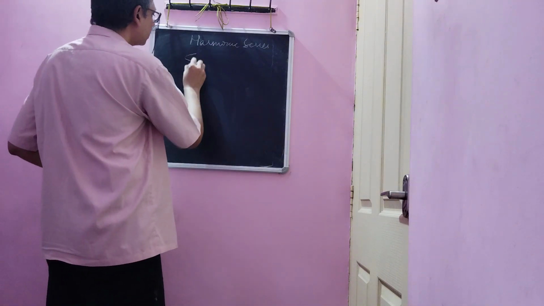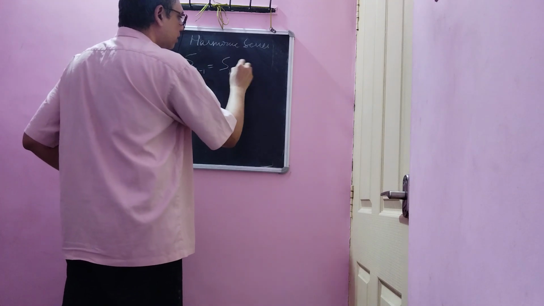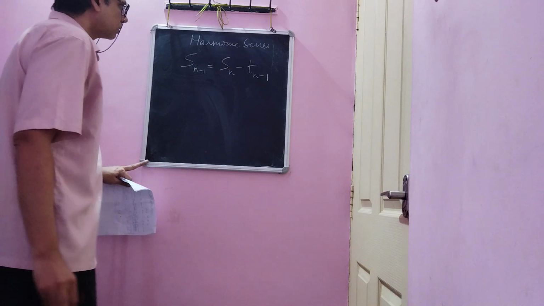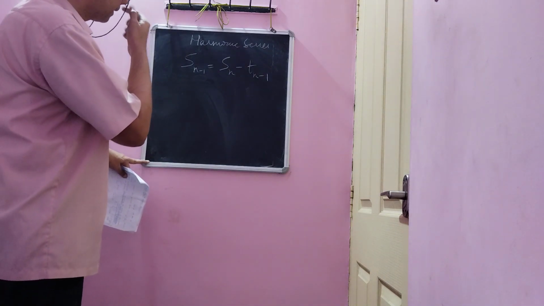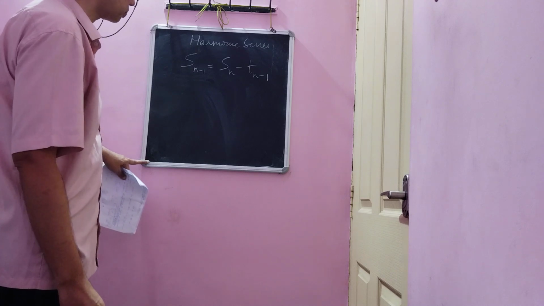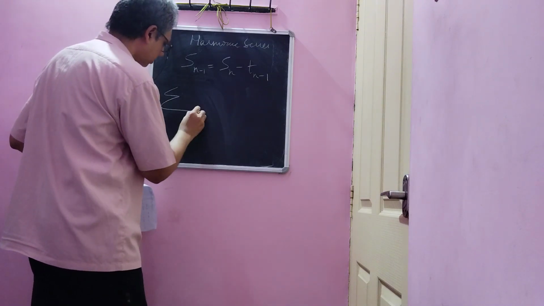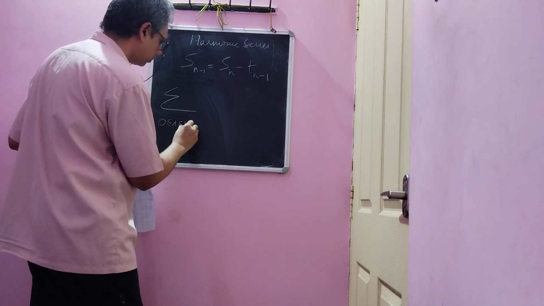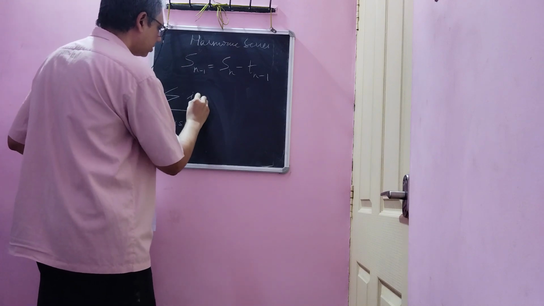Since we know that Sn minus 1 is equal to Sn minus Tn minus 1, therefore we will have the summation 0 less than or equal to i less than or equal to n minus 2 of i times Ti.